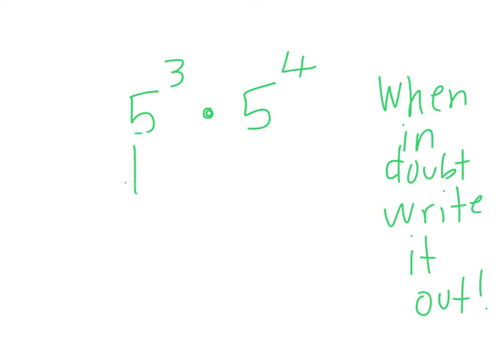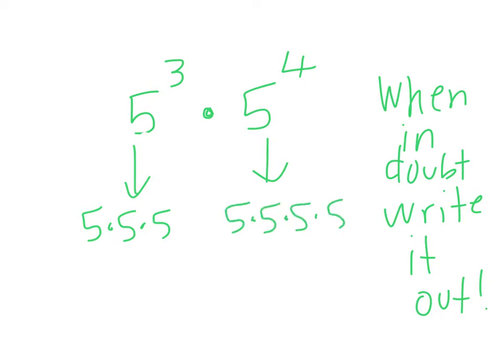So let's write it out. 5 to the third is 5 times 5 times 5. And 5 to the fourth is 5 times 5 times 5 times 5. Let's rewrite this as one power. What's the number that's being used over and over? It looks like 5. That becomes our base.